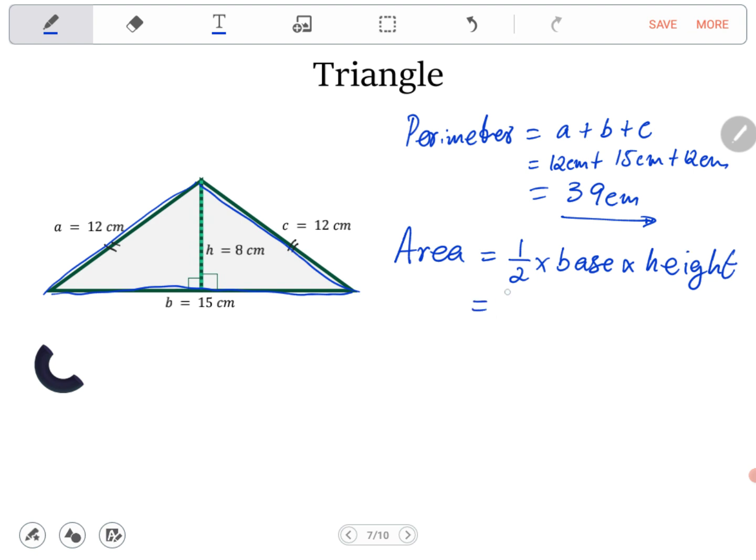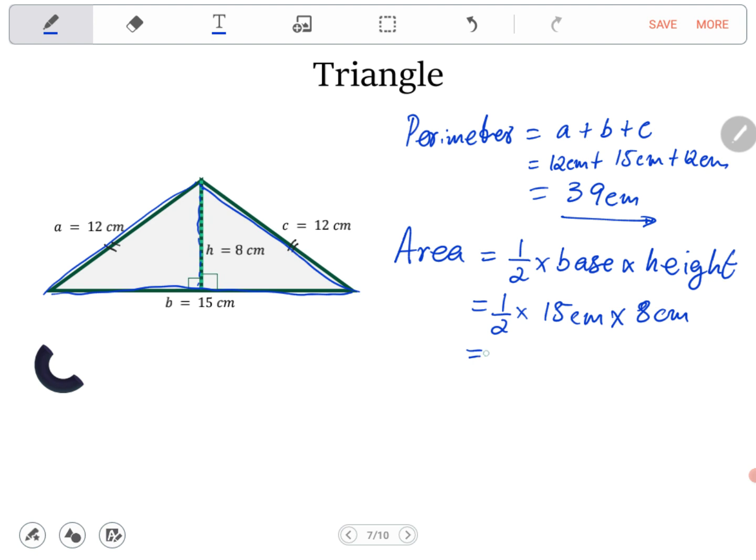Okay, so in this case we have half, the base is still 15 centimeters multiplied by the height. Now the height is here, which is h, the height of 8 centimeters.